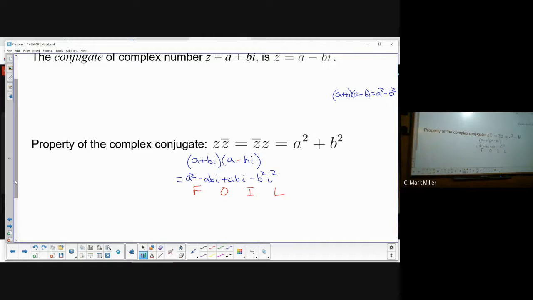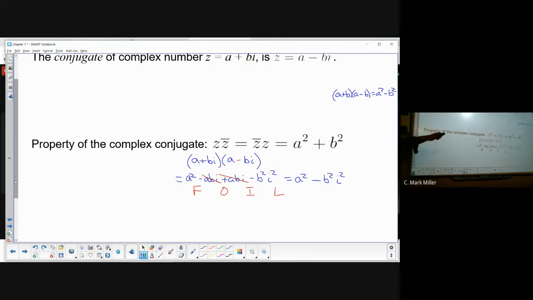Okay, so that's just standard FOIL, right? These cancel. And so I wind up with a squared minus b squared i squared. Well, that doesn't look like that yet, right?